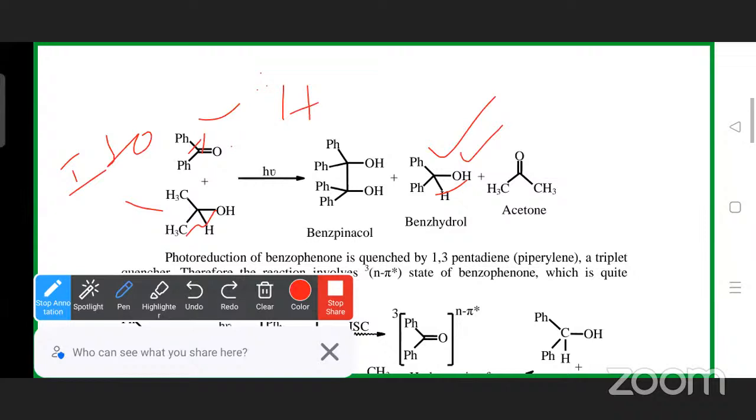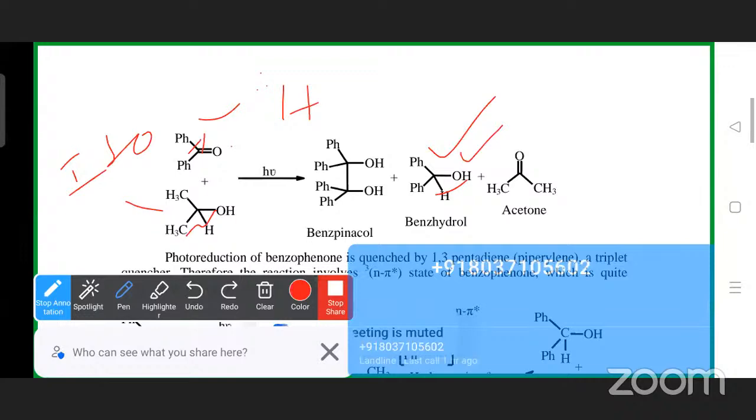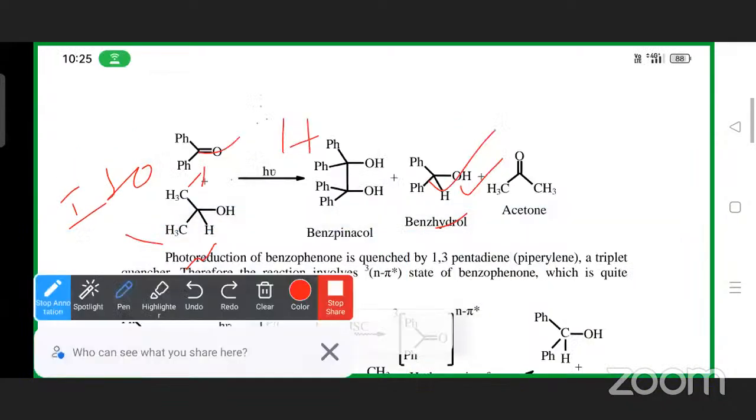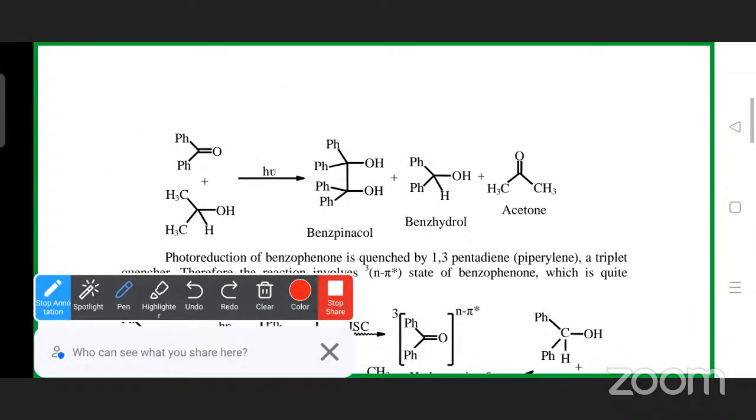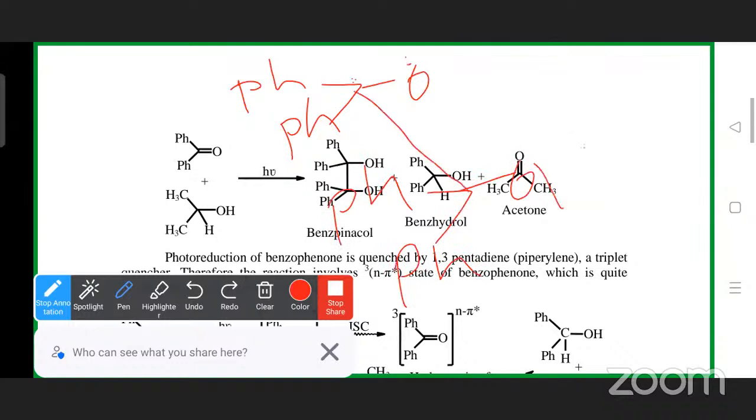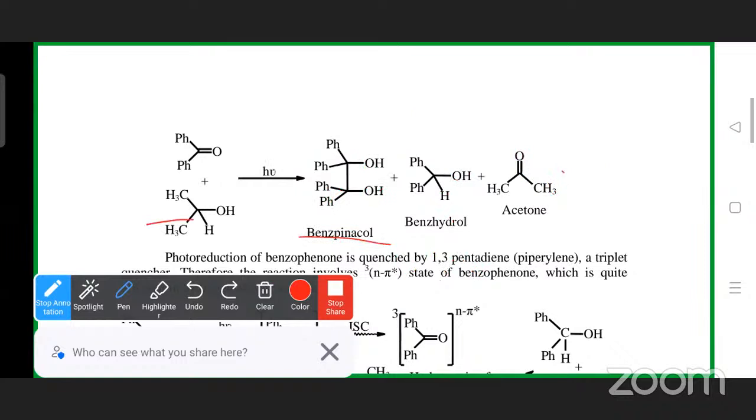And one more possibility is this. After formation of this radical here, the isopropyl alcohol is obtained as the acetone compound, because this bond undergoes homolytic cleavage and the OH bond also undergoes homolytic cleavage here.